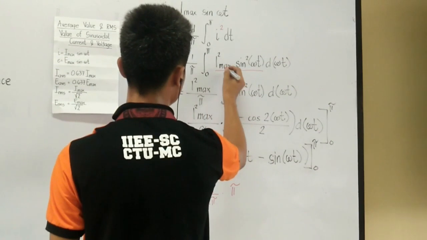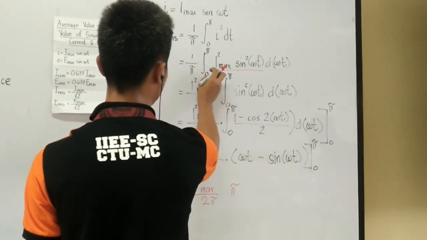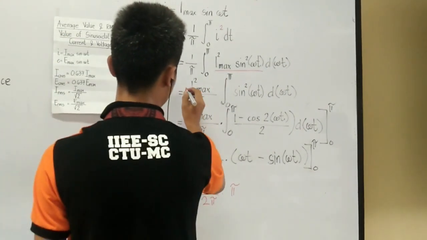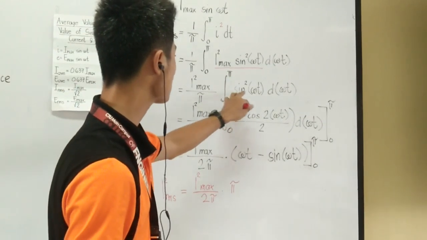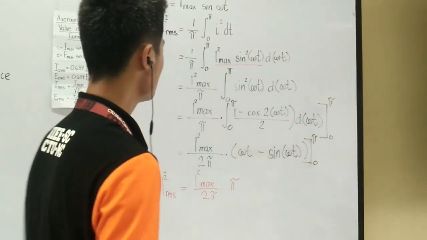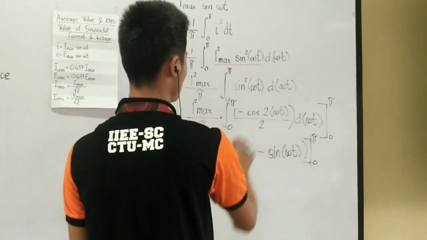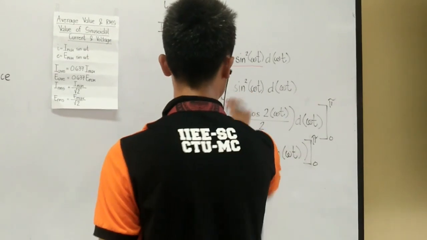Then, since I maximum squared is a constant term, we extract it from the integral sign, making it I maximum squared over pi times the integral of sine squared omega t d omega t from the limits 0 to pi. Since it is now integrable, we have to simplify it.